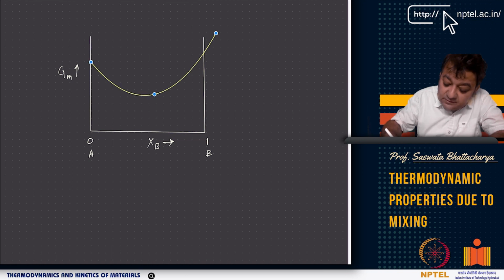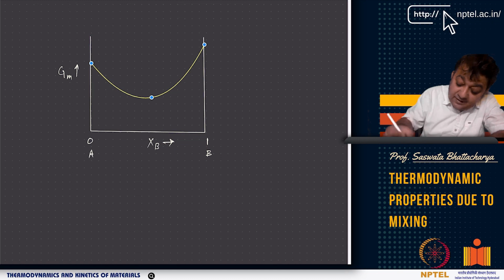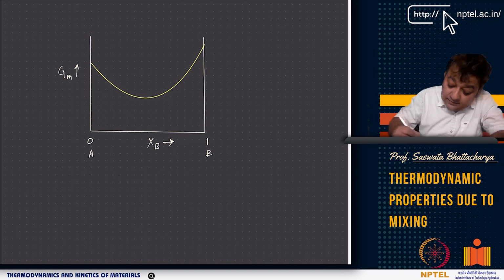Basically this point is mu A0, this point is mu B0, and this is after mixing.